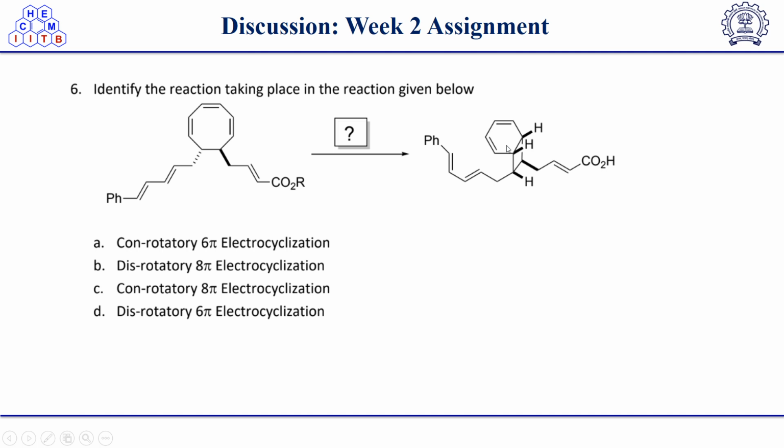So here actually we can see from this 8-membered ring we are getting a 6-membered ring and a 4-membered ring. So what will be happening here? This is actually a 6 pi electrocyclization. One of the bonds is not participating in the reaction, and this bond might be shifting here, and this will be shifting here, resulting in the formation of a 6-membered ring and a 4-membered ring.